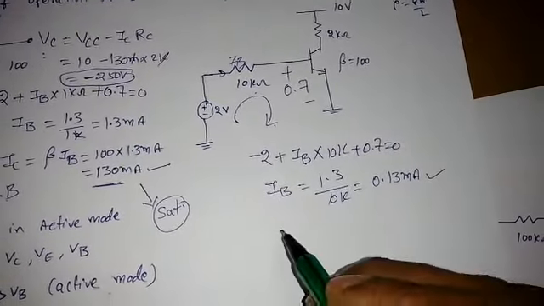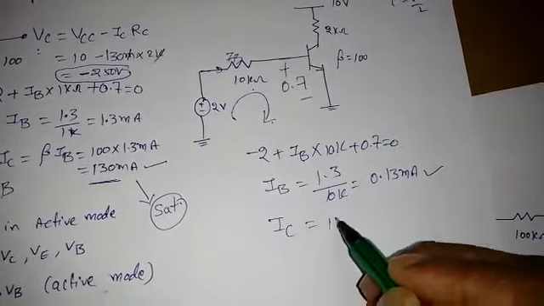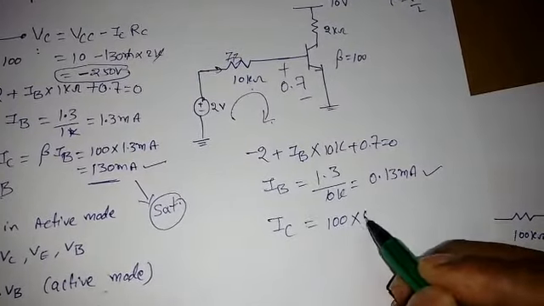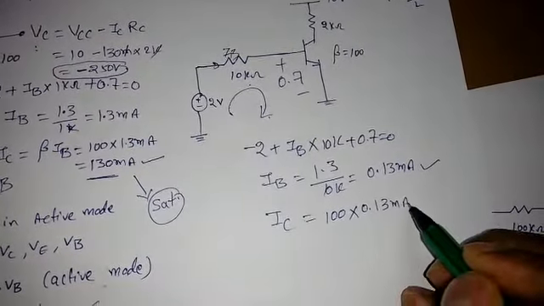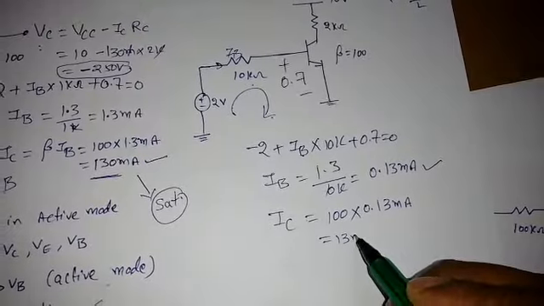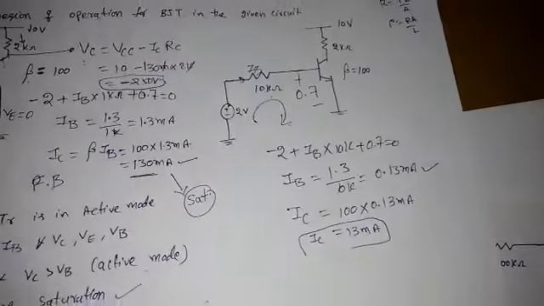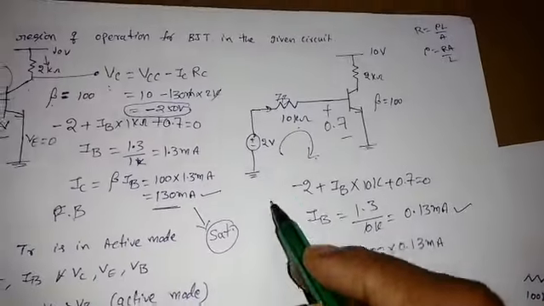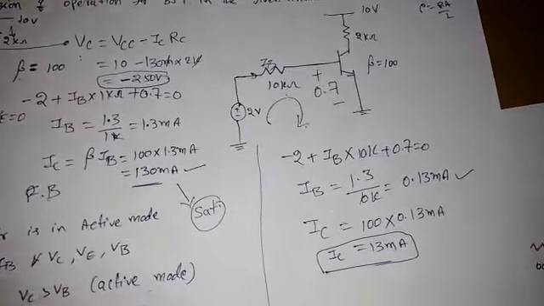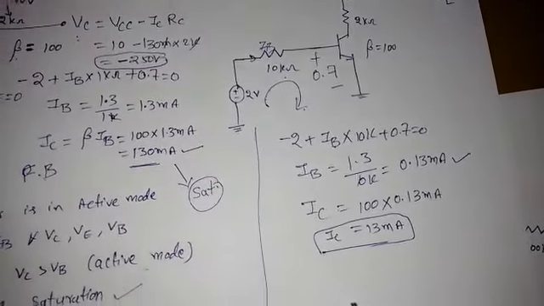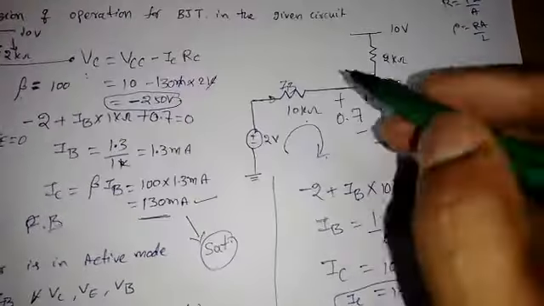So this is IB. So what can be IC? 100 times, that is beta times IB. So 0.13 milliampere, so IC will become 13 milliampere. Now if it is more than 10 milliampere, I can say it is in saturation region, but anyway we will find the voltages.